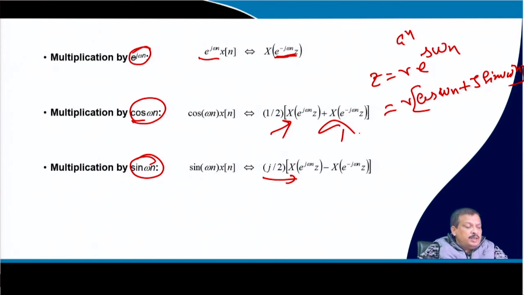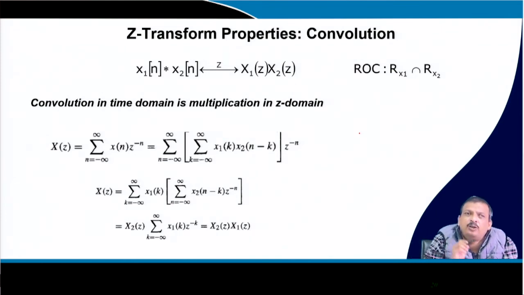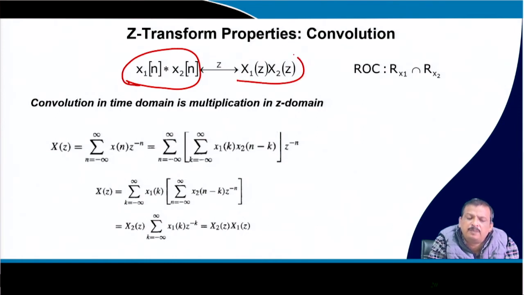Okay. Similarly, another property is convolution. You have heard about time domain convolution being frequency domain multiplication. Z is like a frequency, but it is not frequency, it is Z domain. In Z domain that is also valid. That means time domain convolution in Z domain is simple multiplication.